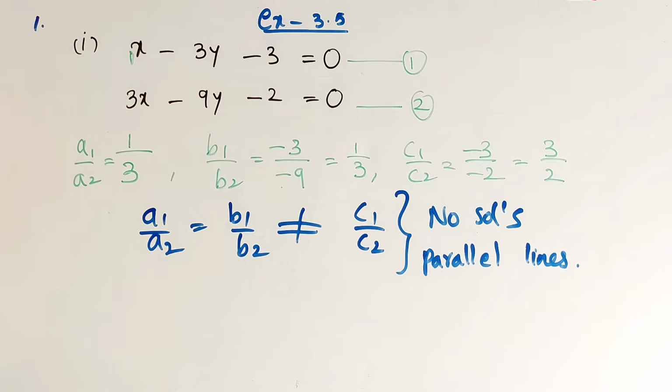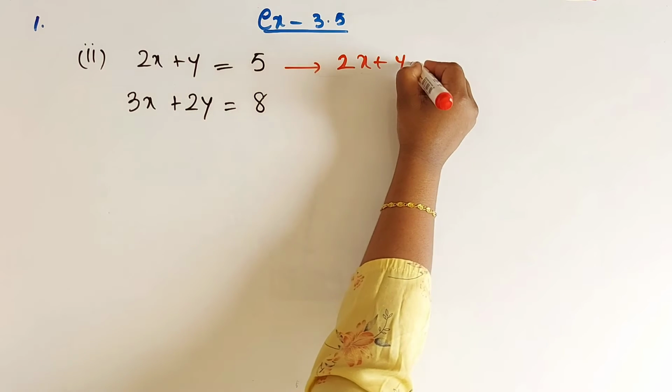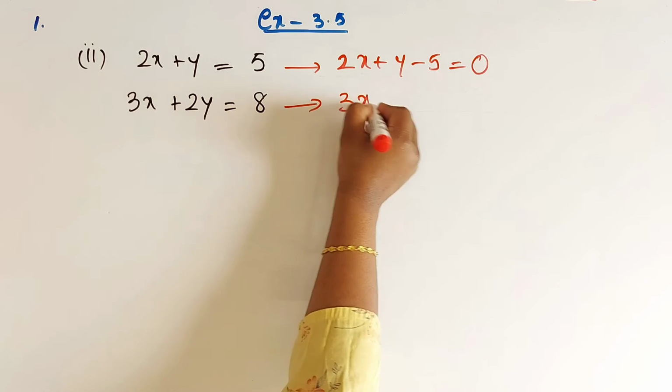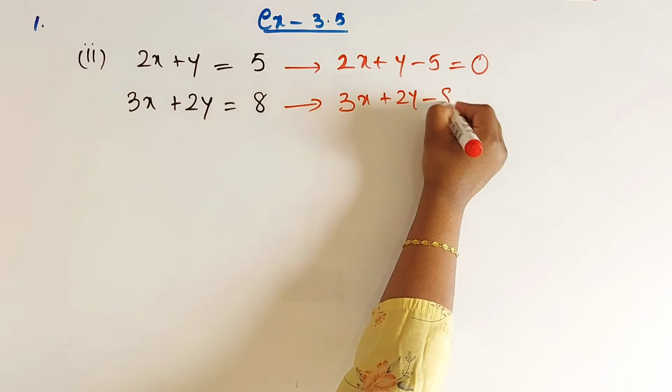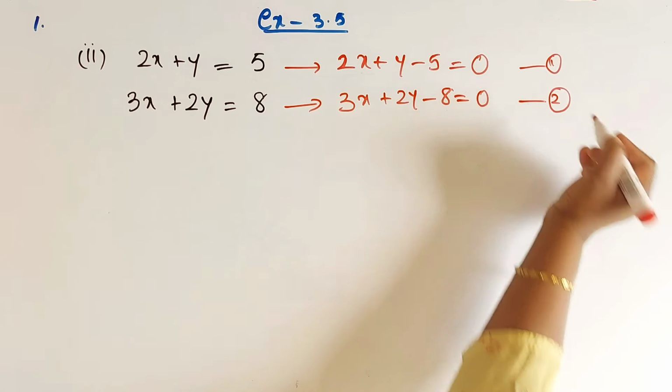Right, children? Second one, 2x plus y equal to 5 and 3x plus 2y equal to 8 are the equations, children. Let's write the equations in standard form. So this will be 2x plus y minus 5 equal to 0 and here 3x plus 2y minus 8 equal to 0, children. This is the first equation and this is the second equation.